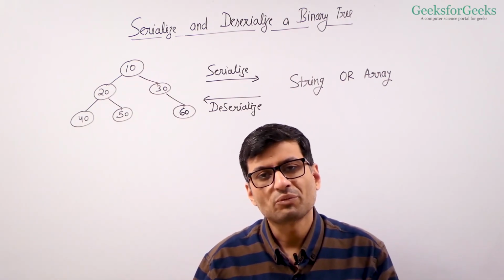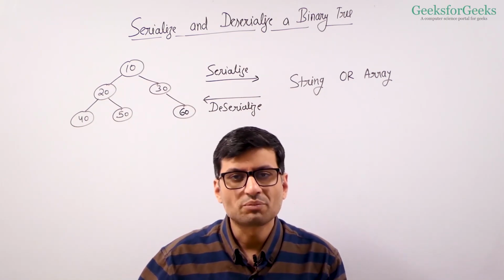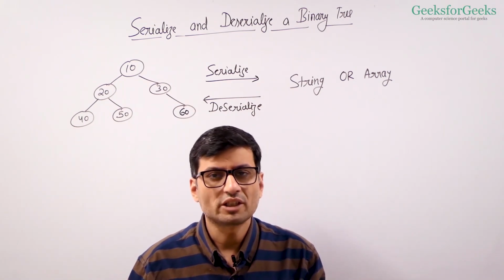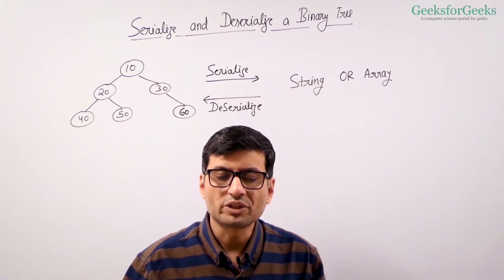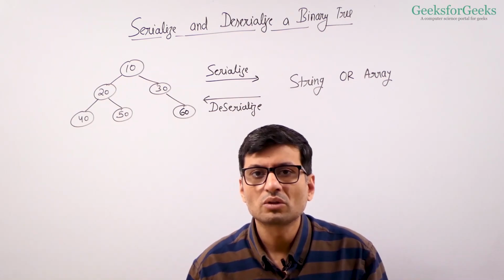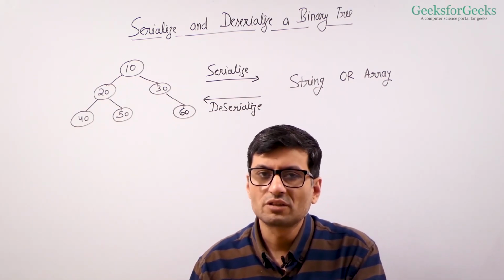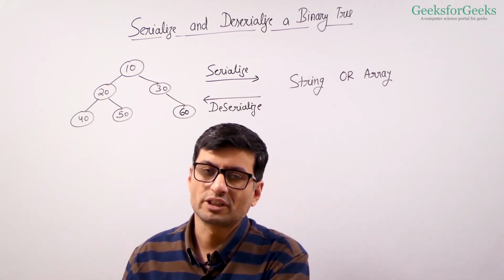See, if you are working within a same process or program, you can pass root of this tree, pointer to this or reference to this, and the other function can take the pointer and can work on it. But if you wish to send this across the network, then you need to serialize this in the form of a string so that the string can be sent across the network.